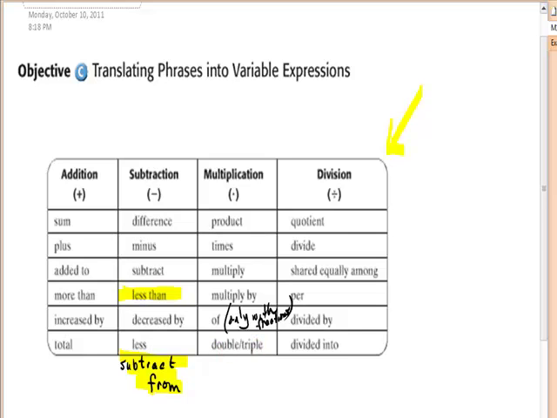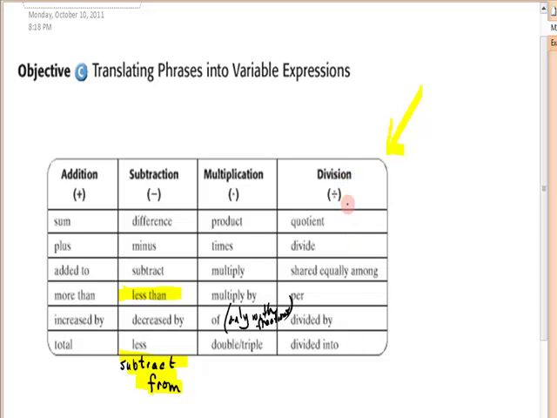Then double and triple are words that indicate multiplication by a particular number: double, multiply by 2, triple, multiply by 3. Finally, division: the words quotient, divide, shared equally among, per, divided by, divided into. All of those words or phrases mean division.